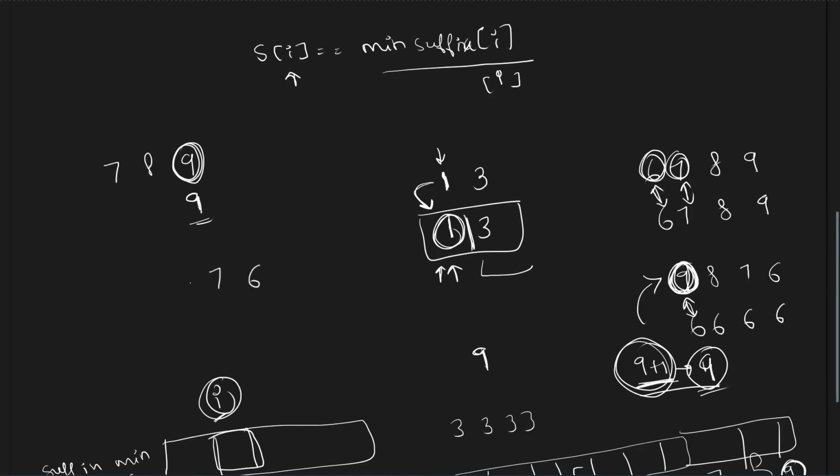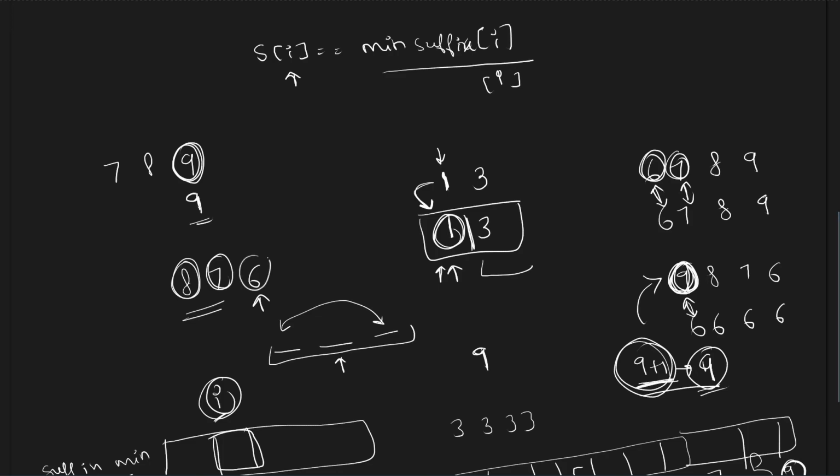Let me take some regular numbers here. So I change the position of these two elements. Even if I don't change the position of this particular element, if I have 3 elements, I just fix one of them and I can change the position of 2 of them. Then I can still form all the permutations of numbers which I can form with these 3 numbers. So even if I fix the position of this particular number, I can still form all the answers by changing the position of these 2 numbers.